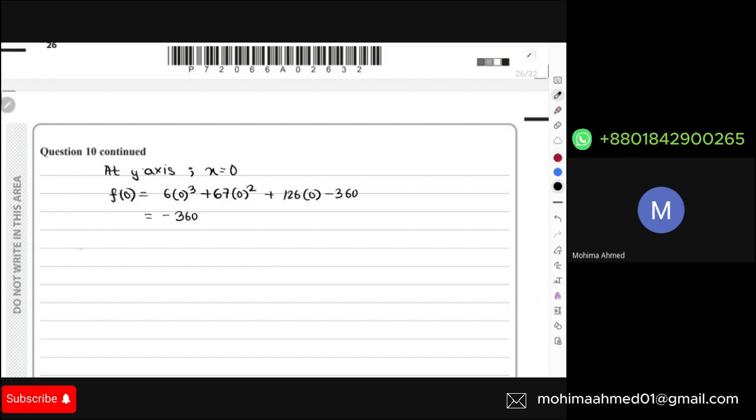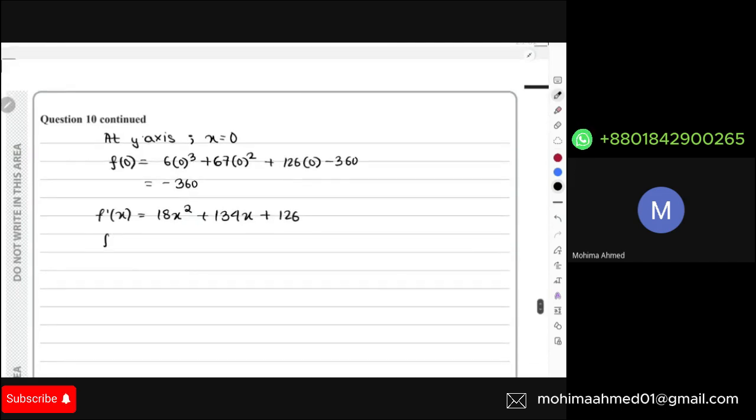For the gradient of your curve, f prime x, we get 18x squared, 67 multiplied with 2 is 134x, and 126. And now if I just insert 0, everything will become 0. 18 times 0 squared, 134 times 0, plus 126. You just end up getting the gradient for your curve.